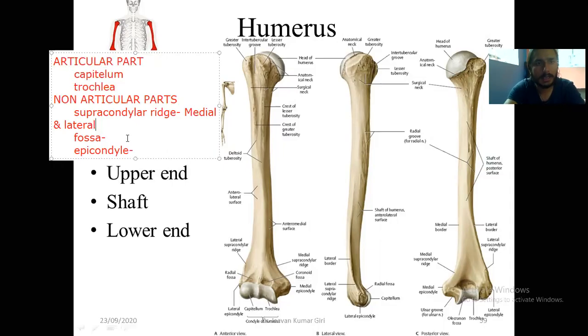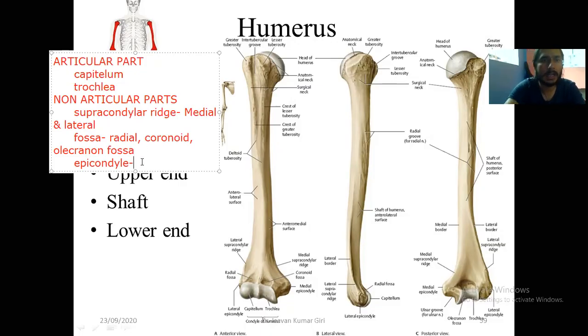You see three fossae here: radial fossa, coronoid fossa, and olecranon fossa. Epicondyles, again two: medial epicondyle and lateral epicondyle. So these features you will see in the lower end.